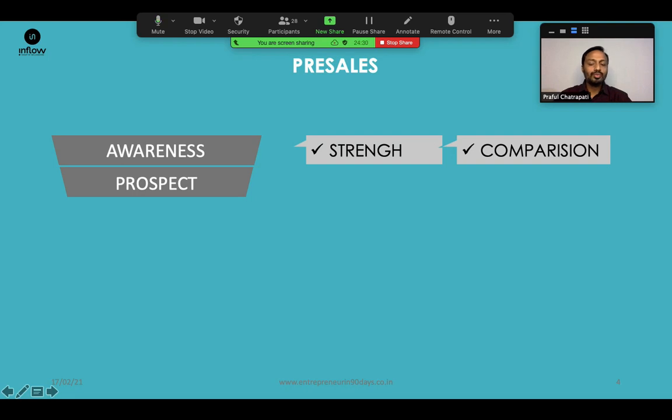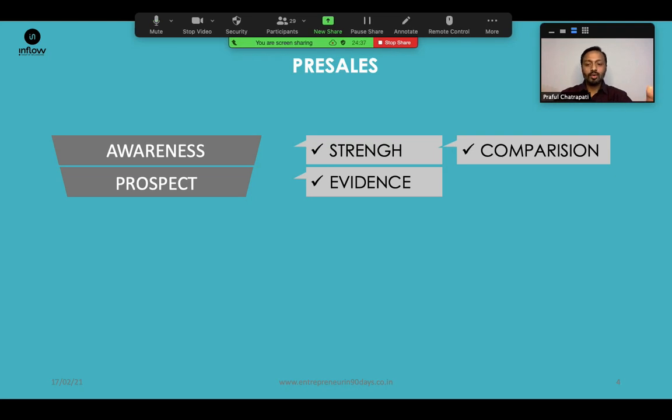At the prospect stage, we need to give him all the evidence to support whatever he is expecting. You just need to give all the statistics and all the great information you have about your product and services, which will help him understand how your strengths and comparison are really valid and legit. So evidence is very important. That should be the point where he is taken to the next stage.